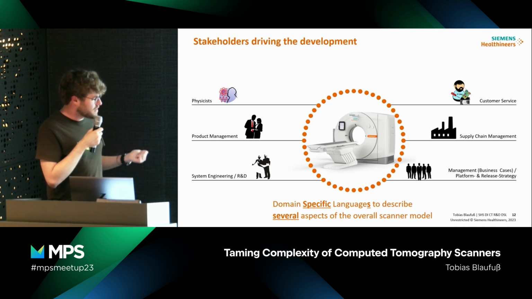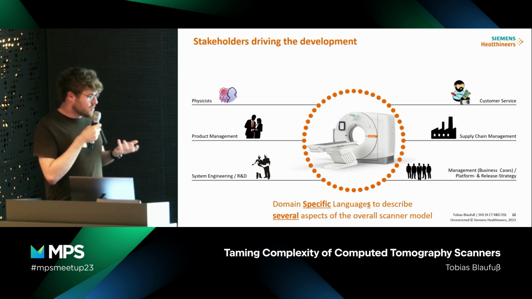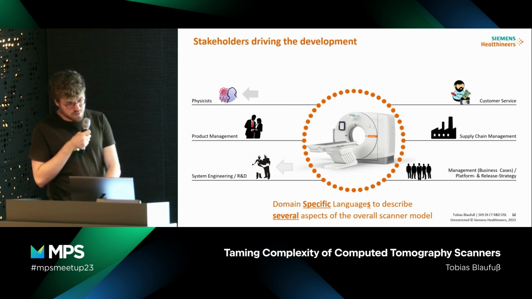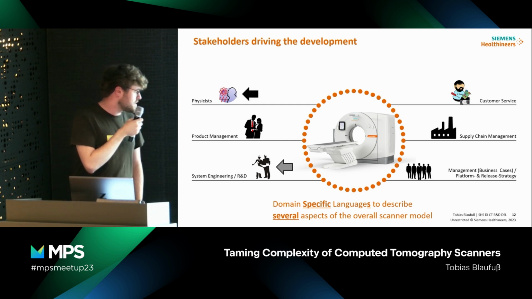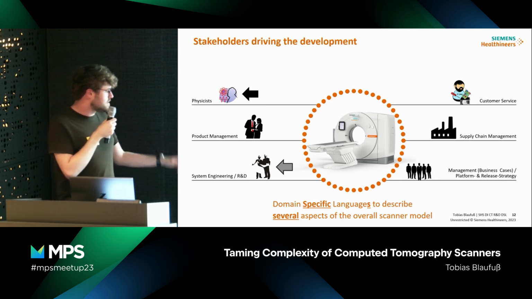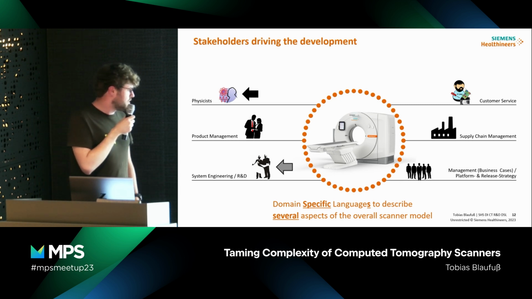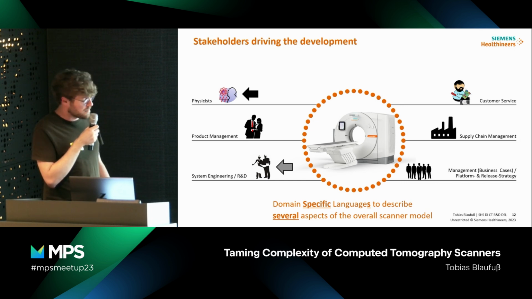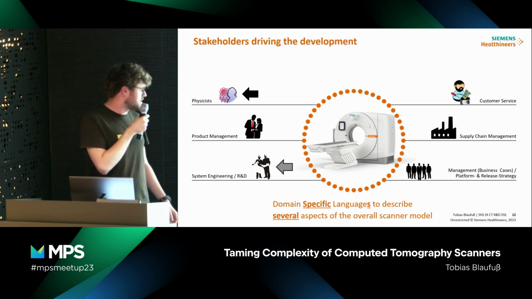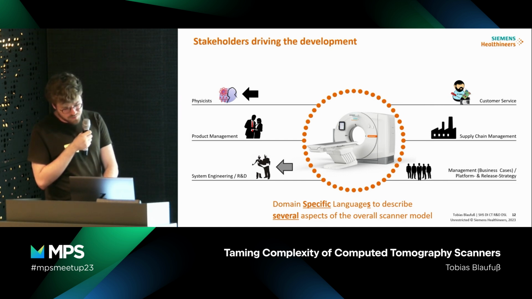So there is not one DSL to rule them all, but there are several ones to specify it here. And we are currently focusing on physicists mainly, and the system engineering and R&D department with software developers, and hardware is in planning, but mainly physicists for now.